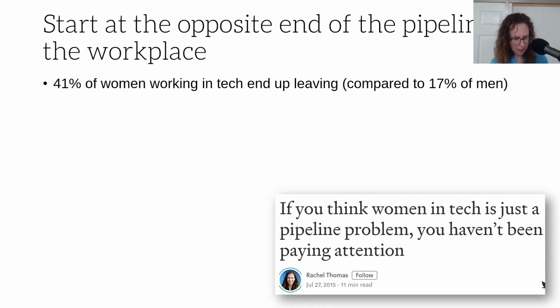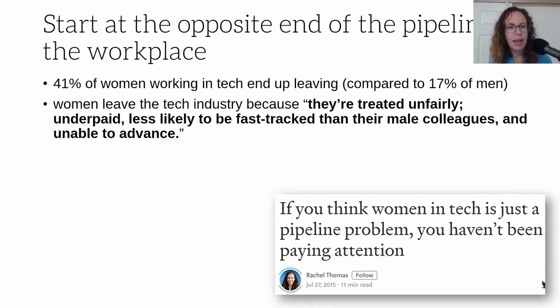The reason that women are more likely to leave tech, and this was found in a meta-analysis of over 200 books, white papers, and articles, is that women leave the tech industry because they're treated unfairly, underpaid, less likely to be fast-tracked than their male colleagues, and unable to advance.